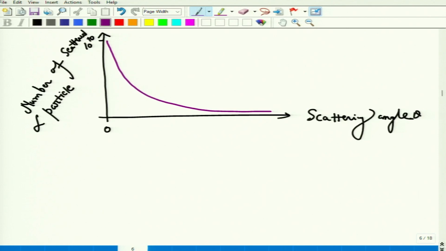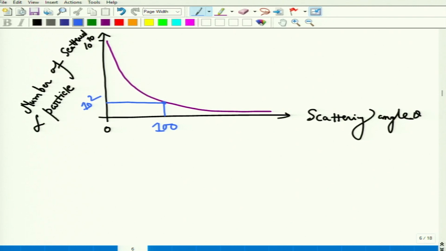So you can say that when this is 100, let's say, then this is around 10^2. So this is greater than 90 degrees, but the number of scattered alpha particles is also around 10^2.